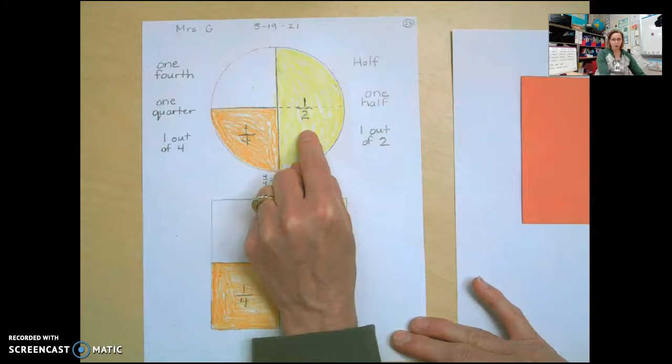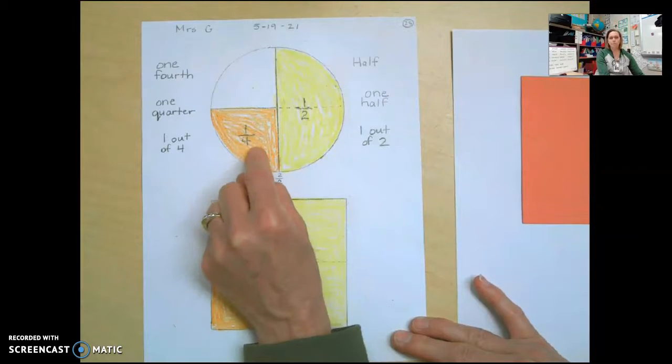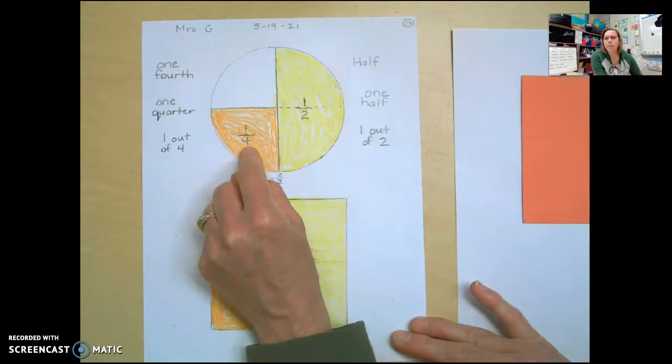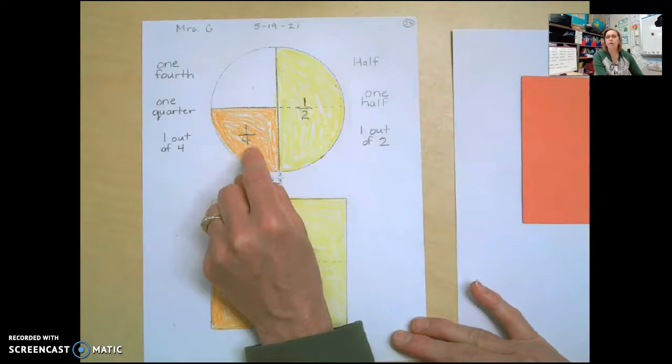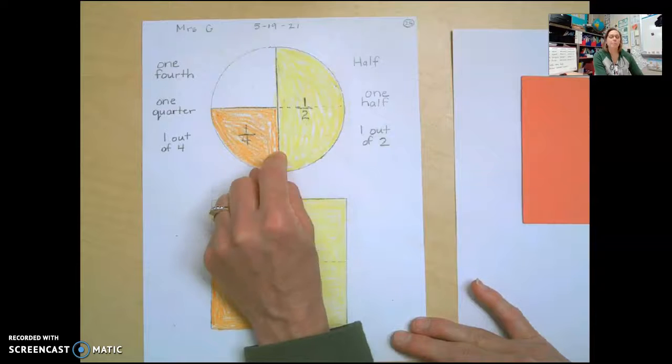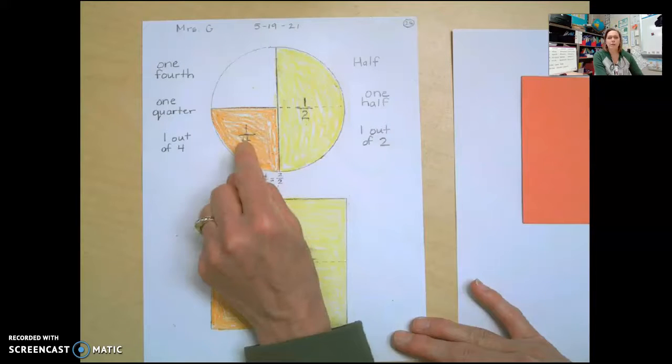And when you are making your pieces smaller, your number on the bottom gets bigger because the number on the bottom is telling us how many pieces it takes to make a whole. So you have to kind of think of fractions as working backwards. The bigger the number on the bottom, the smaller the piece is getting.